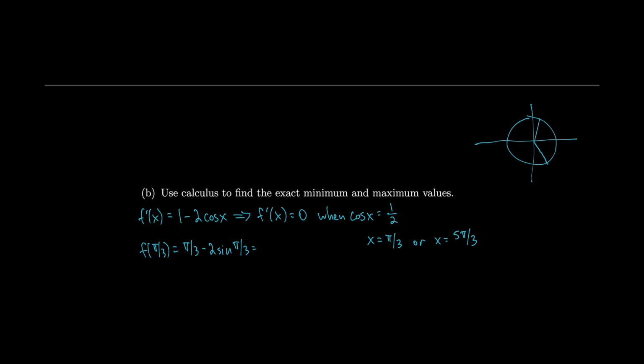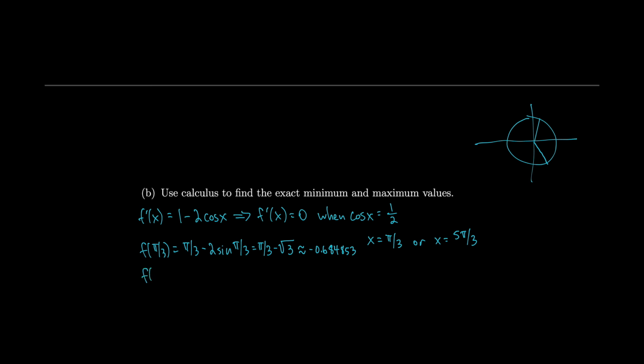So that's pi over 3 minus radical 3, because if cosine is a half, then sine is rad 3 over 2, and then 2 times rad 3 over 2 just becomes rad 3. Okay, so that's about negative 0.68483 if you use a calculator.